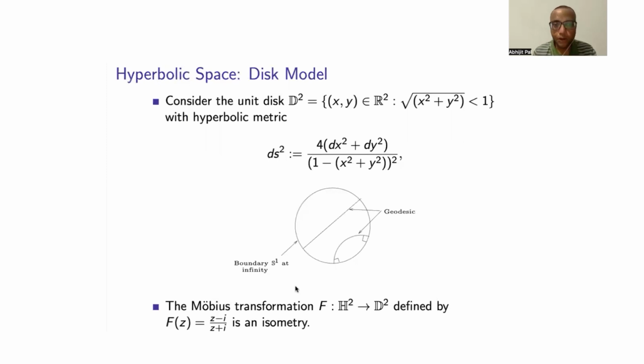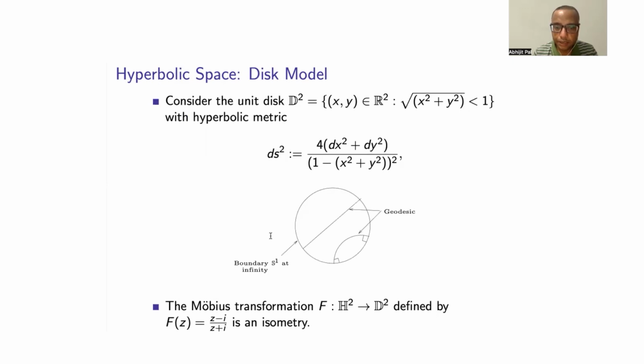There is another model called the disk model, which we have discussed. This is also called the Poincare disk. Consider the unit disk and again put this metric ds squared equal to 4 (dx squared plus dy squared) divided by (1 minus (x squared plus y squared)) whole squared.